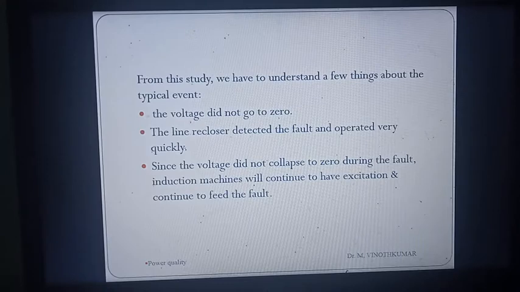The voltage did not go to zero. The line recloser detected the fault and operated very quickly. Since the voltage did not collapse to zero during the fault, the induction machines will continue to have excitation and continue to feed the faults. Okay, thank you for viewing this video.